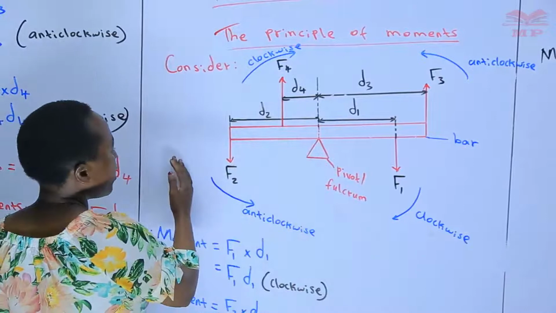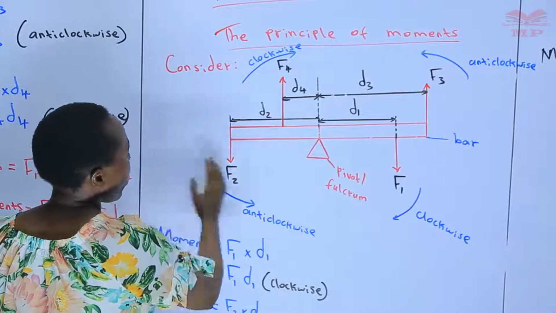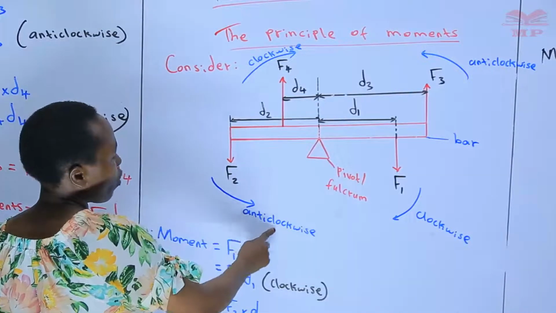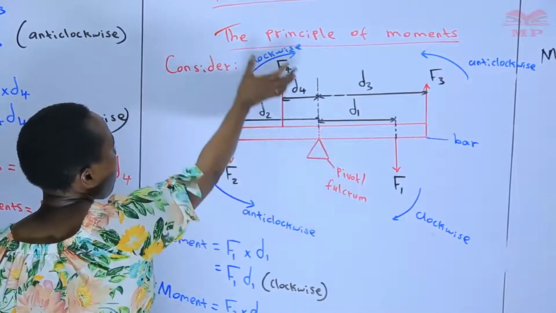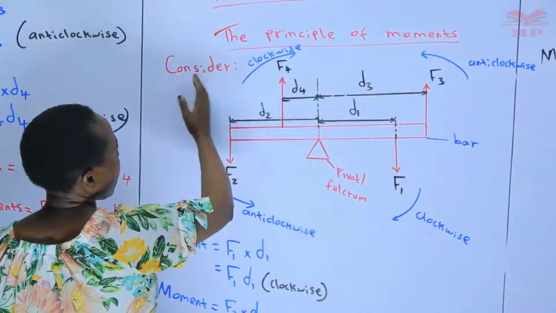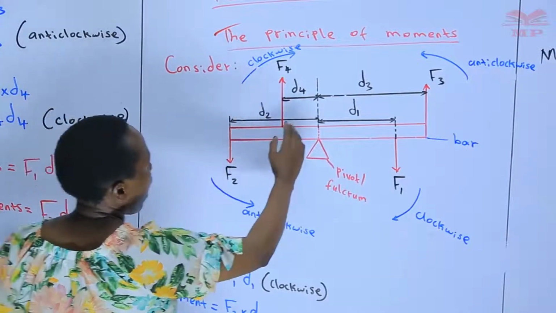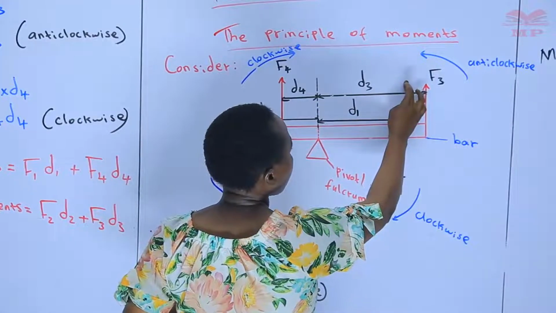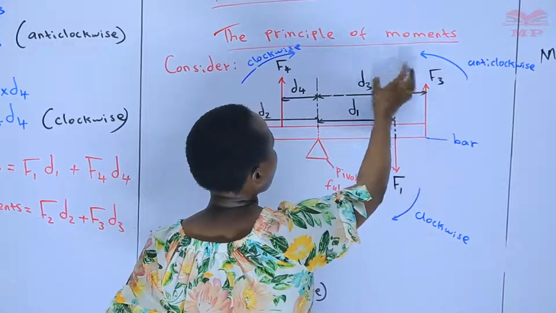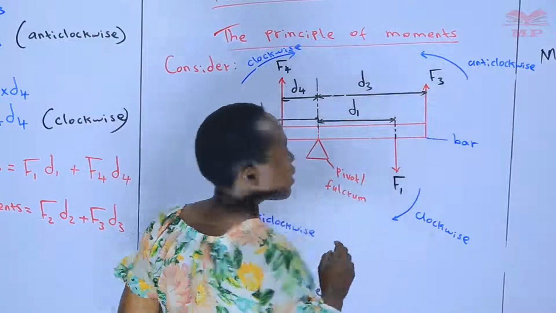On the left-hand side, any force downward is anti-clockwise. Then if the pivot is here, any force upward on the left-hand side is clockwise. And any force on the right-hand side of the pivot will bring out an anti-clockwise moment.